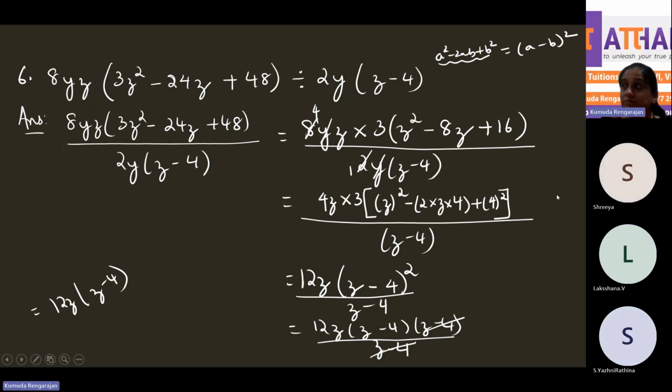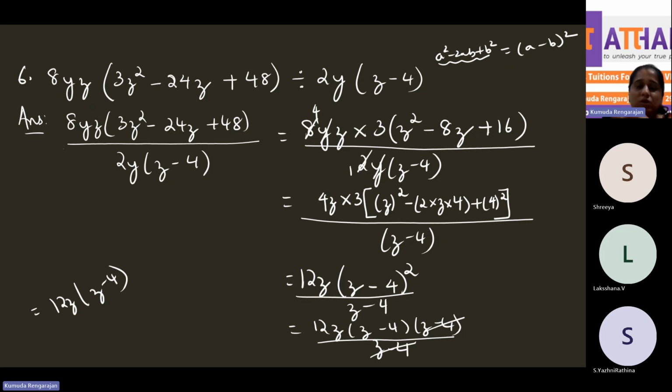Was it Lakshana? Yes, ma'am. But the thing is, we should be able to identify. Wherever you can use a square minus 2ab plus b square or a square plus 2ab plus b square, you can always split the middle term and get the same answer. But you should be able to identify where you can also use the identity.